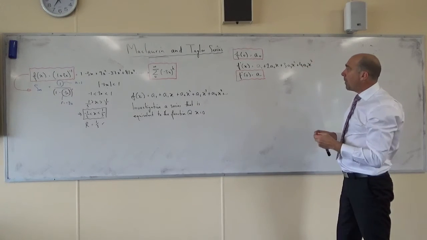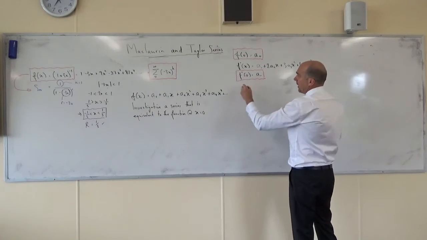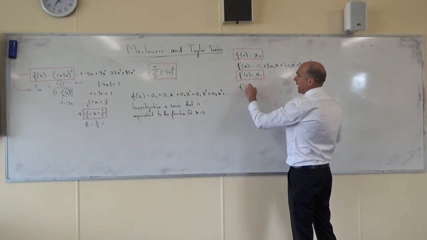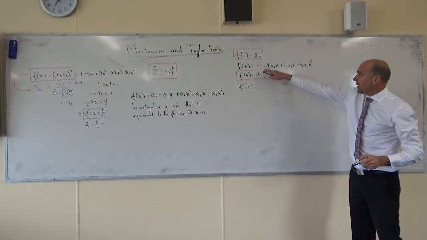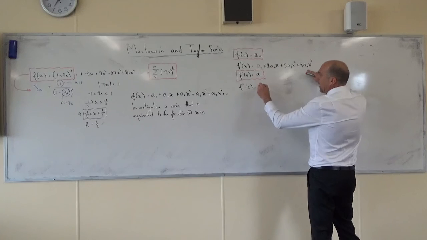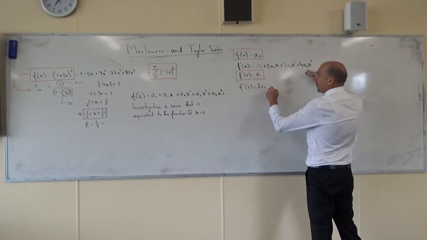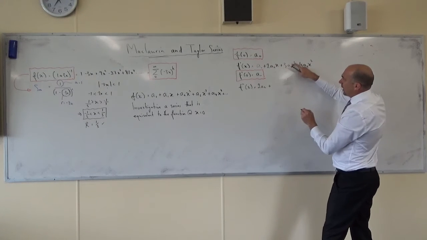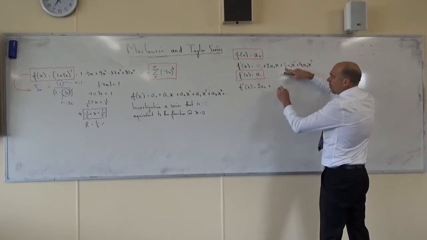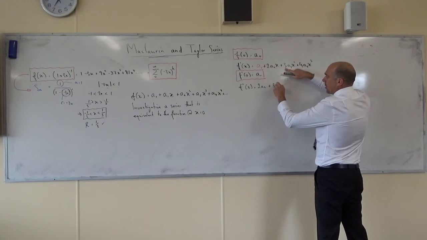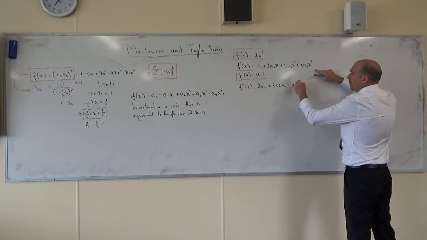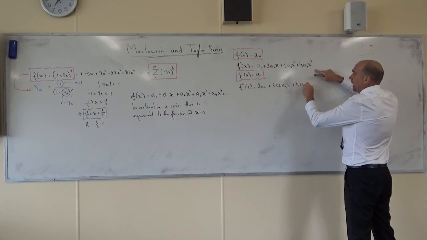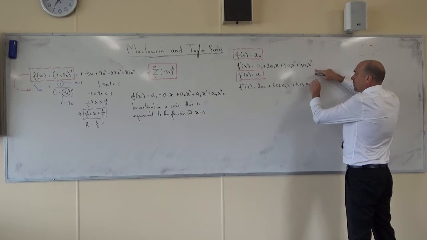Good. How about if I was to find f double dash x? Let's differentiate this again, and I get 2a2 plus, now notice here, 2 times 3, so I write this as 3 times 2 a3 x plus 4 times 3 a4 x squared.